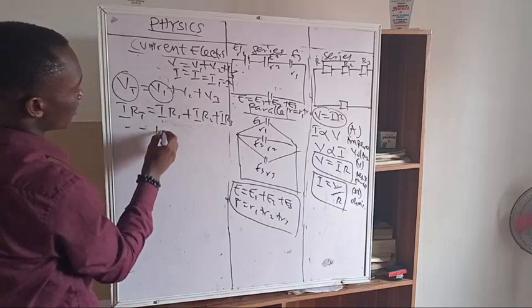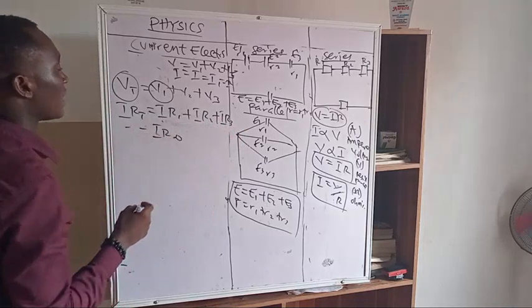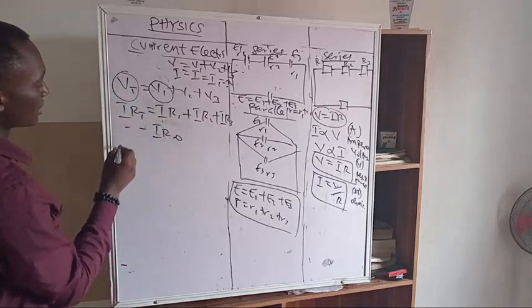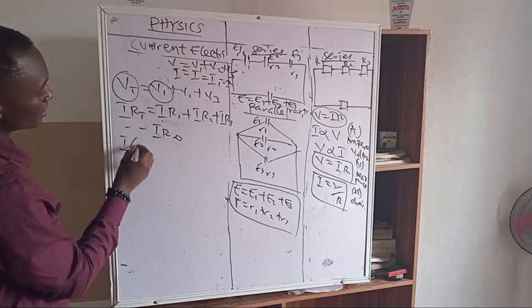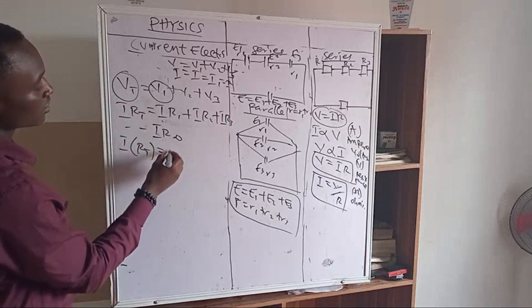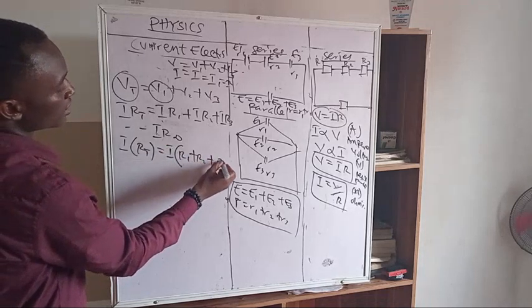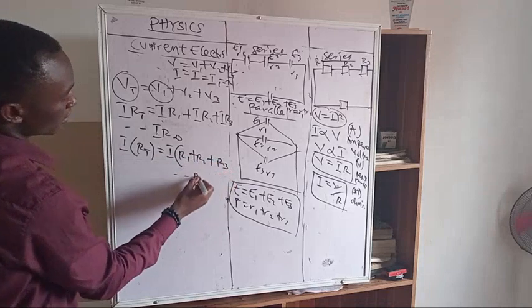Then everything up to IR infinity. So if that's what we have now, our voltages are different, and we said that our currents are the same, so we have current times RT is equal to, we can put the current outside, then we have R1 plus R2 plus R3, everything up to R infinity.